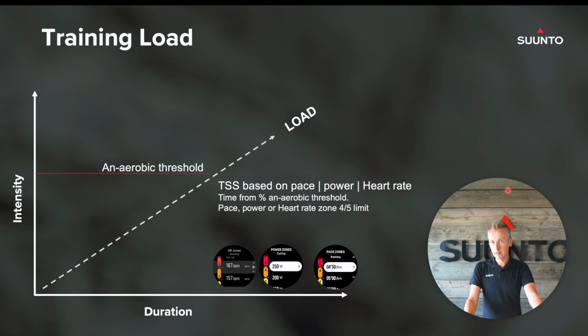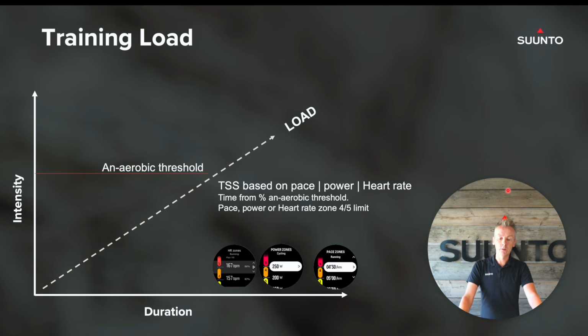and of course then the question is, where do I actually set this up? So we have today in Suunto products a possibility to define an anaerobic threshold, so the zone 4 to 5 limit, with pace, power, heart rate, and you can do this even in different sports. So for example, running and cycling separately, because when you look for example at heart rate, the anaerobic threshold is at a different level in each sport.